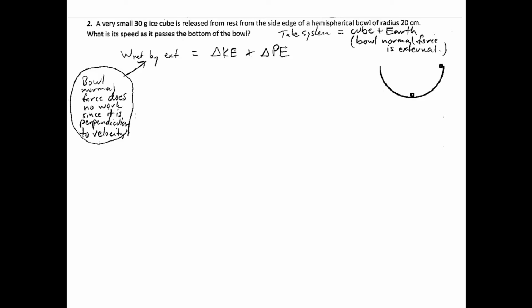And anytime a force is always perpendicular to the direction the object is moving, that is the hallmark of 0 work. So even though there's an external force, it doesn't do any work on the moving pieces of the system as it goes from the initial to the final configuration.